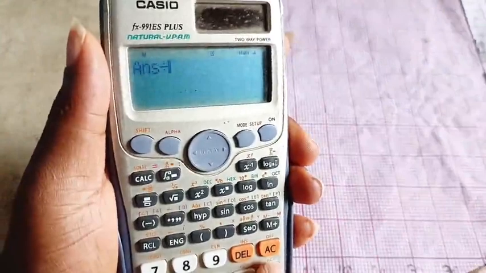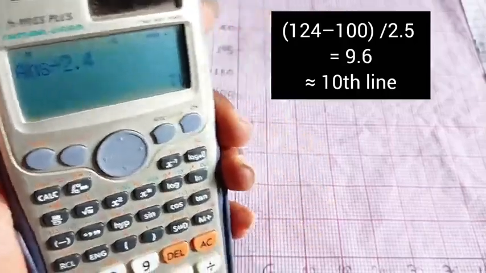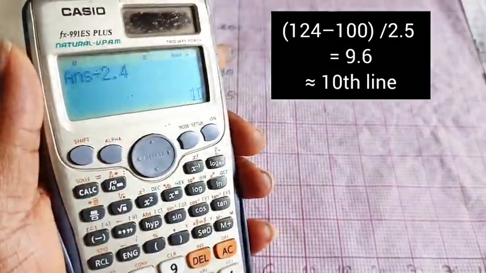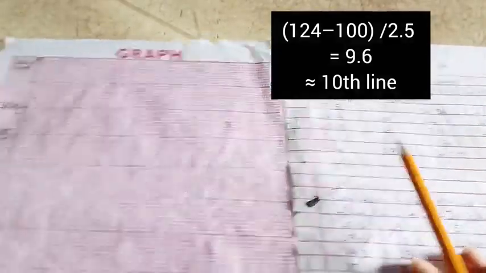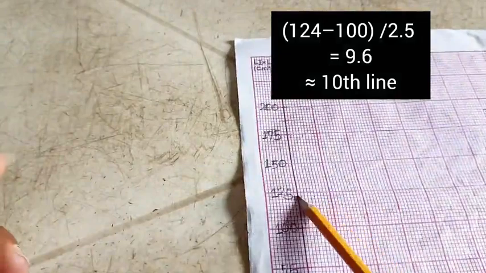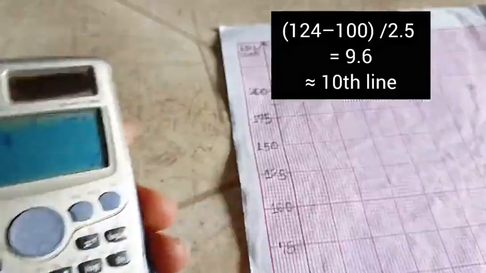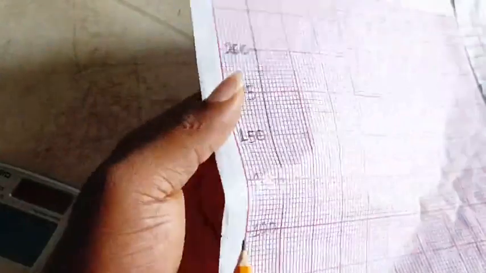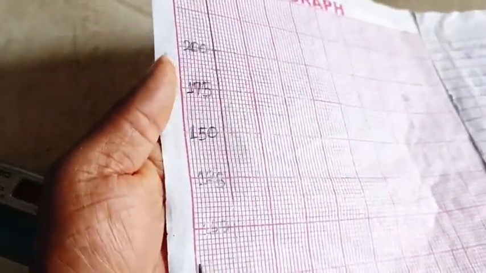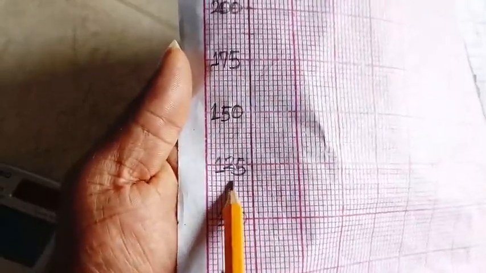So let me divide by 2.5, and this gave me 10. Which means 124 will be located on the 10th line above 100. So you come to 100 and you count 10 lines above it. As a matter of fact, 10 lines above 100 is going to be exactly on 125.